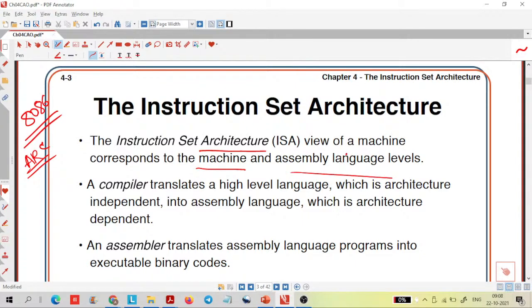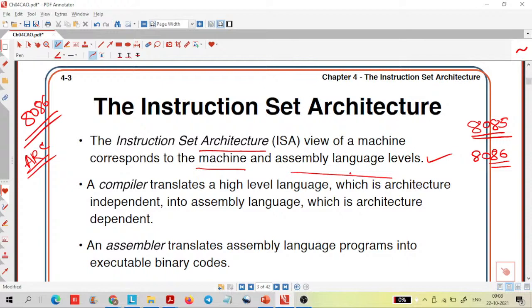Each computer architecture has its own instruction set. For example, 8085 and 8086 microprocessors each have their own instruction set, so likewise each processor has its own instruction set, corresponding to the machine and assembly language levels.